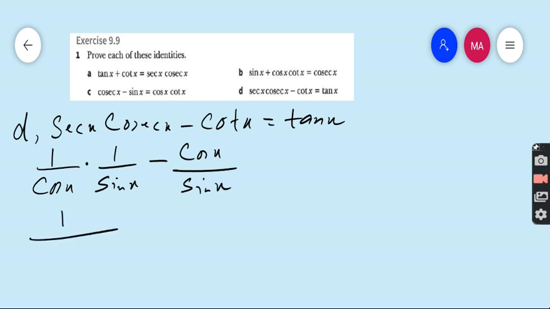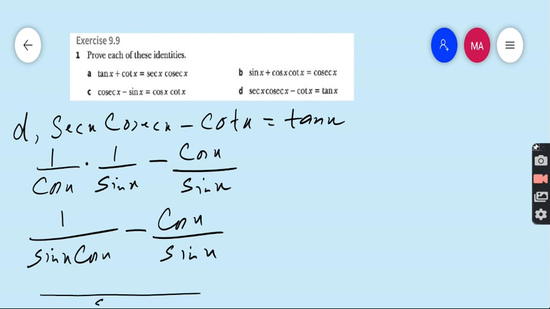1 ones are 1, sin into cos is sin x cos x, minus cos x upon sin x. Take the LCM, sin x cos x.